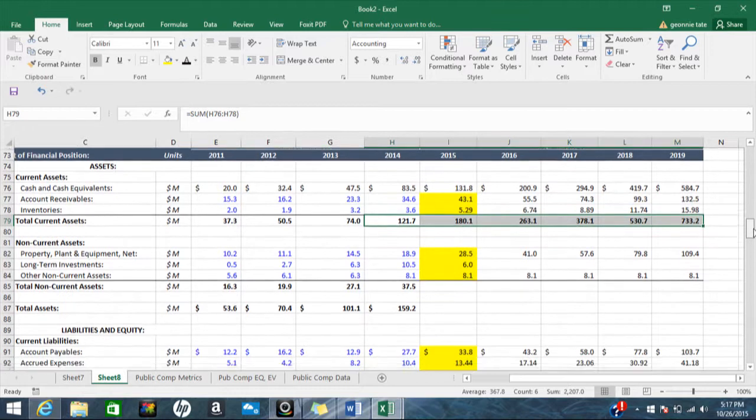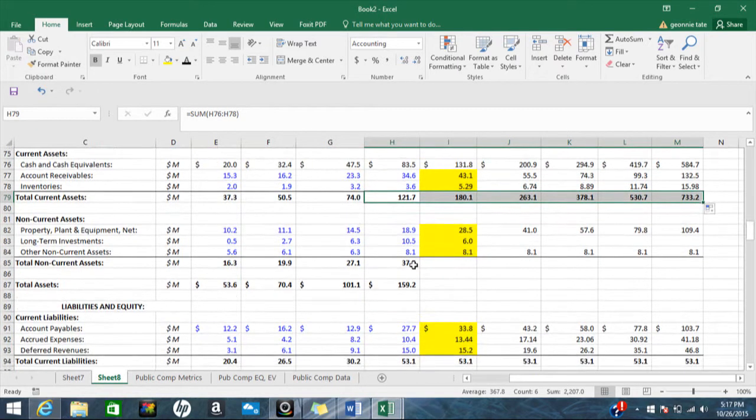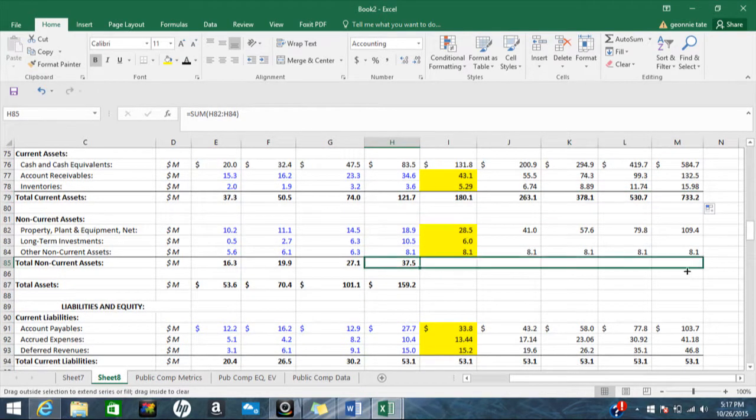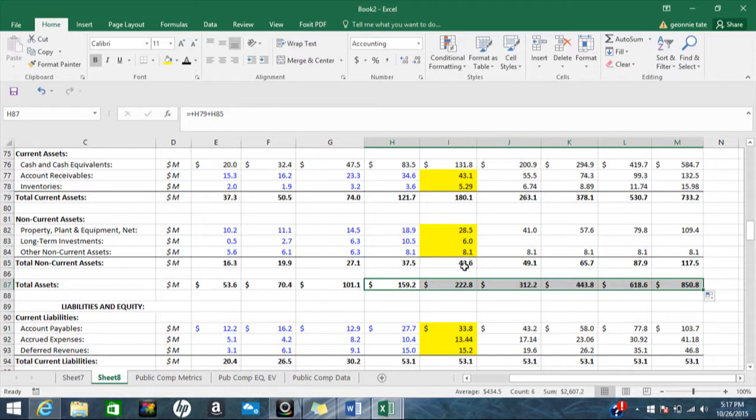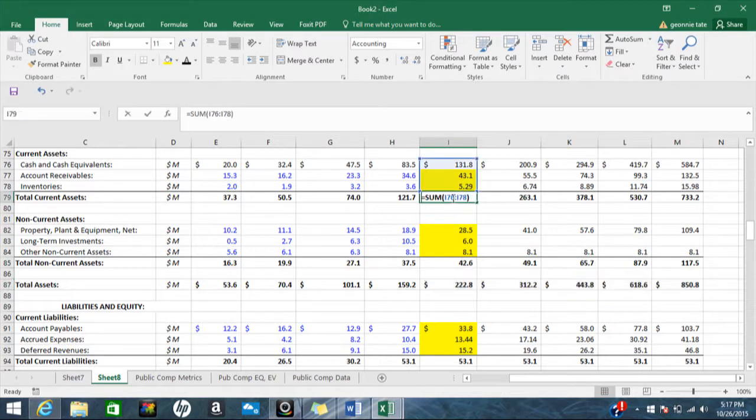So that's my total current assets. Now it's the total non-current assets and your total assets. Just gonna check to make sure everything is summing up that's supposed to sum.